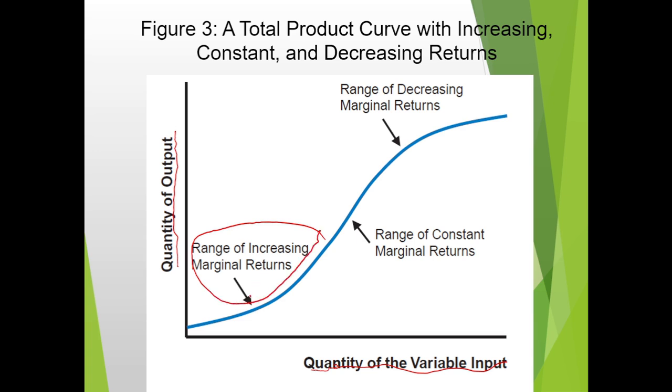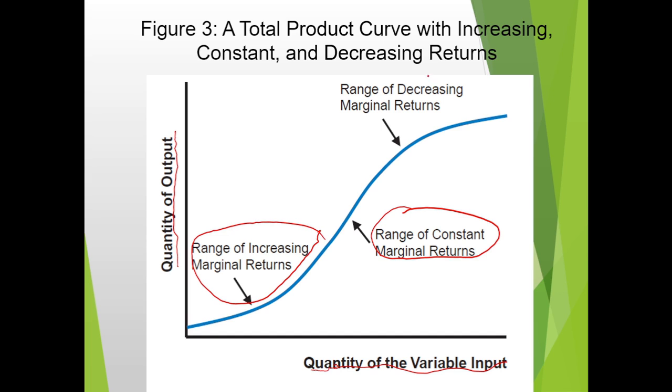That means that if you increase the variable input by 5%, quantity of output will increase by 7, 10, 15, any other percentage that you can take, but it will be more than 5%, right? Then we come to the range of constant marginal returns. That is, you are increasing quantity of variable input by 5%. You are increasing the quantity of output by 5% as well.